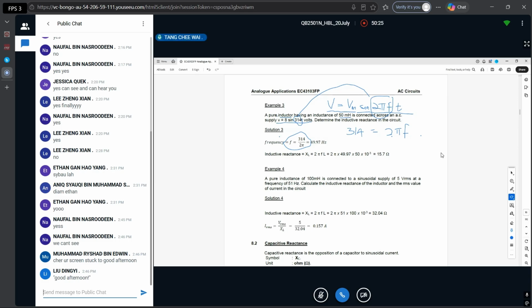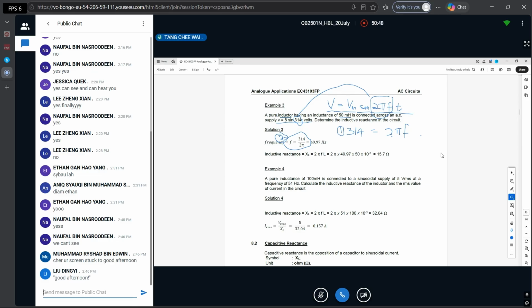Originally this is the first step, before I come to here, the second step. Because the example here never shows you the first step, you may be blurred. I'm clarifying why here f equals 314 over 2 pi.